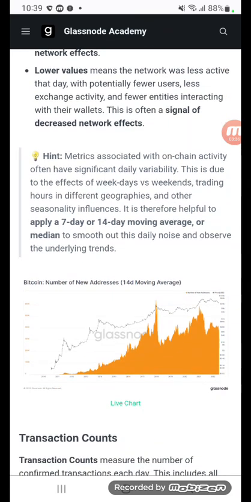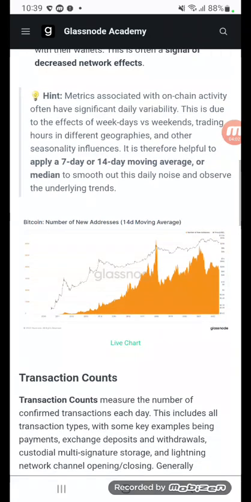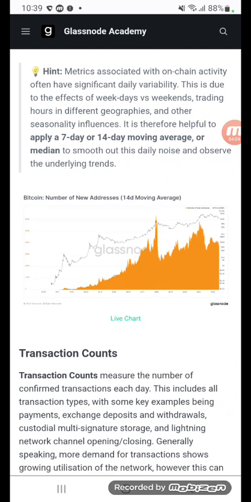A lower value means the network had less activity last day, potentially fewer users, less exchange activity, and fewer entities interacting with their wallets. This is often a signal of decreased network effect.